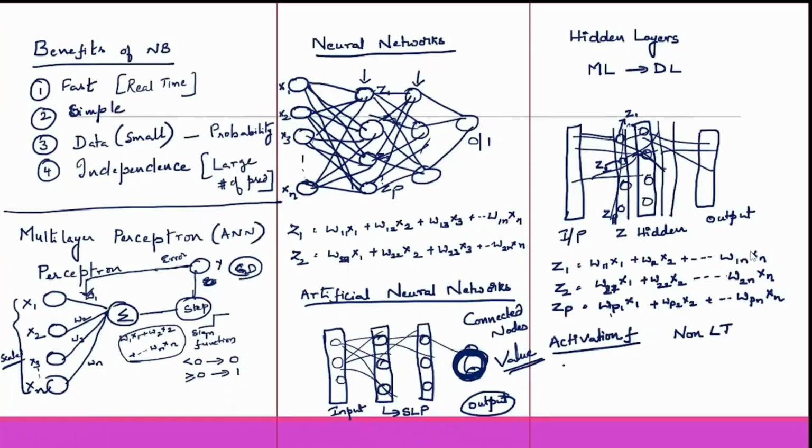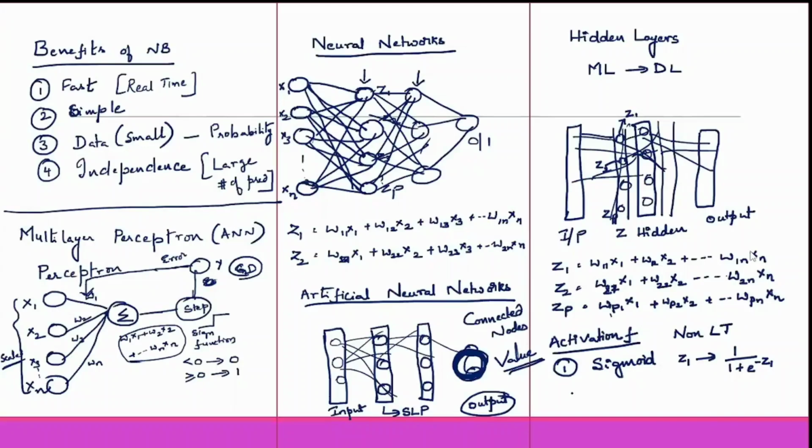Sometimes we have activation functions like, let's say, sigmoid. When we say a sigmoid activation function, my Z1 will be transformed to 1 divided by 1 plus e to the power minus Z1.